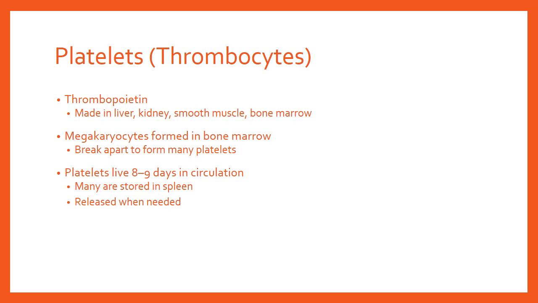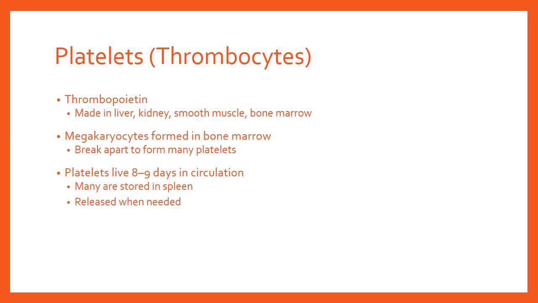So when we have an insufficient amount of platelets, thrombopoietin is made, which signals bone marrow to produce megakaryocytes, and megakaryocytes are precursors of the platelets. Megakaryocytes are huge formations that eventually break down to numerous platelets.